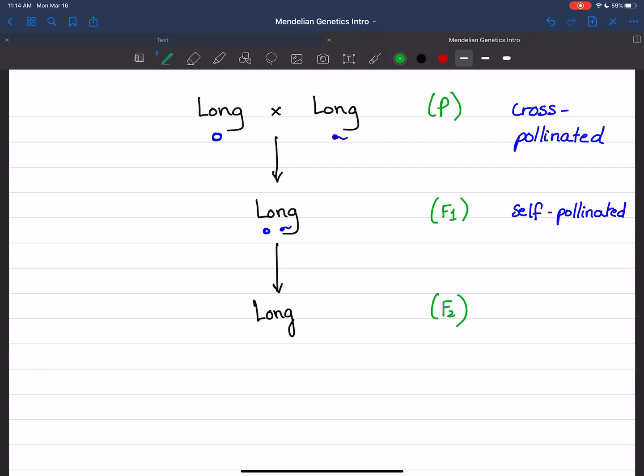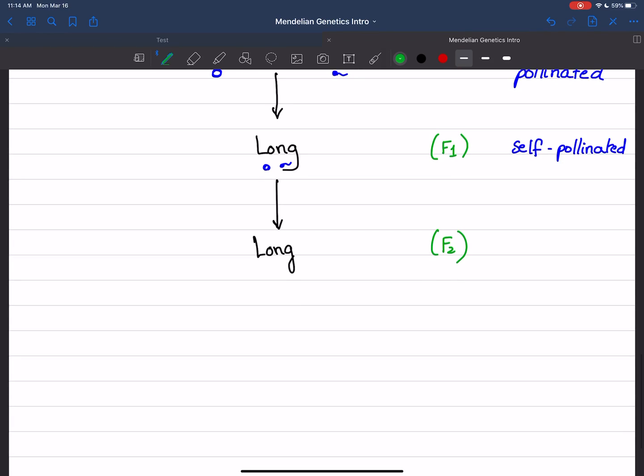Okay, so this was just one of those control crosses that you would do just to see if what you think is going to happen will happen. But in doing this, he also figured out that writing this stuff out is a little bit painstaking, and so maybe we should get some abbreviations going.